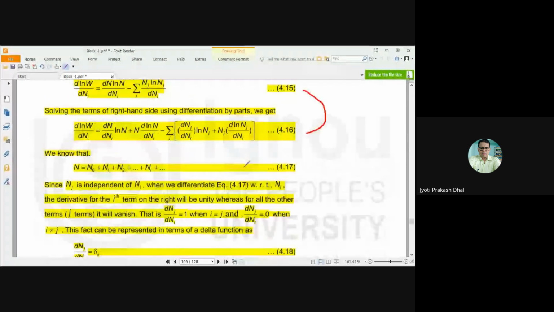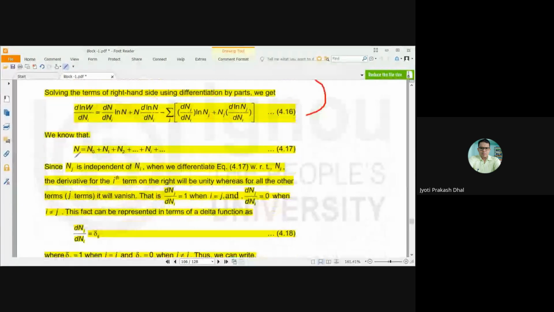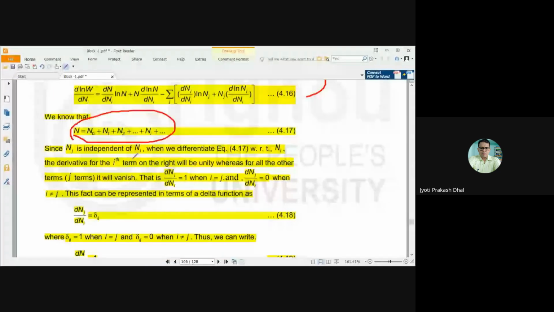And after that we know that N, the total number of particles, equals n0 plus n1 plus n2 up to ni. Since nj is independent of ni, we can differentiate equation 17 with respect to ni, and the derivative of the ith term on the right hand side of this equation will be unity, whereas all other terms, that is the j terms, will vanish.